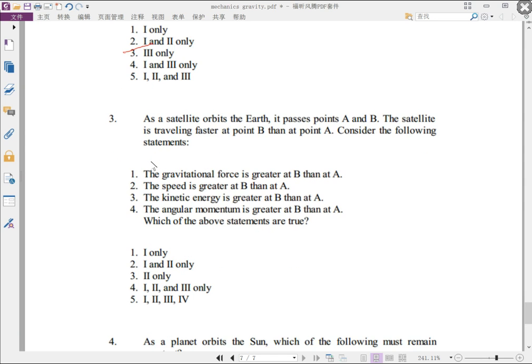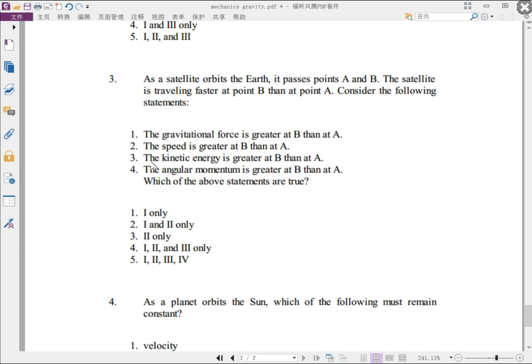Then the third question. A satellite orbits the Earth. It passes points A and B. The satellite is traveling faster at point B than at point A. Consider the following statements. Okay, we make a comparison of A and B. We compare the kinetic energy and the potential energy.